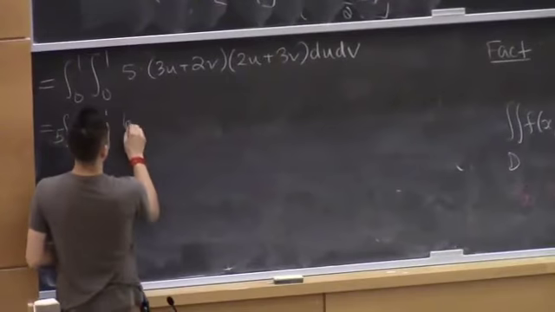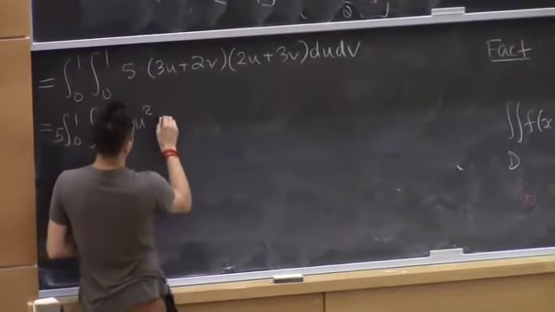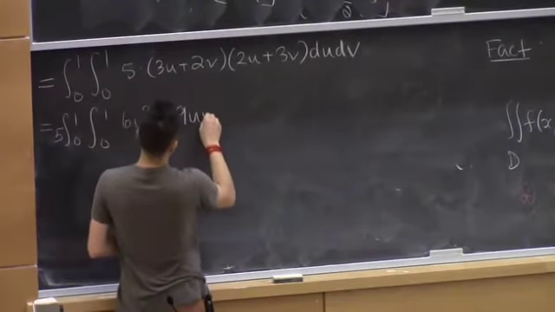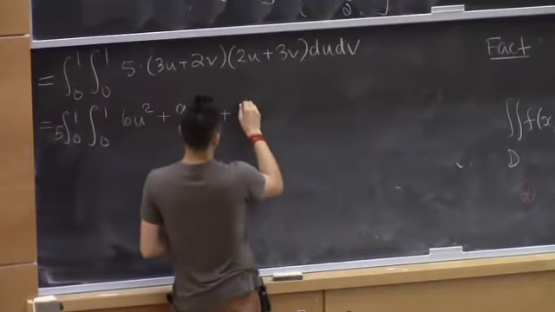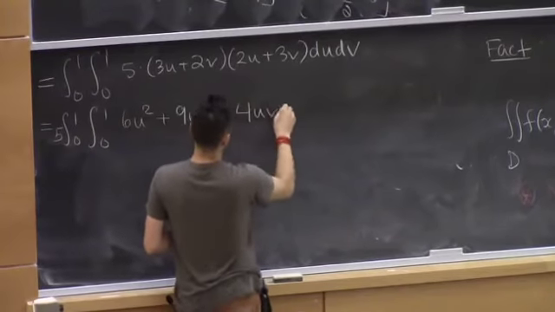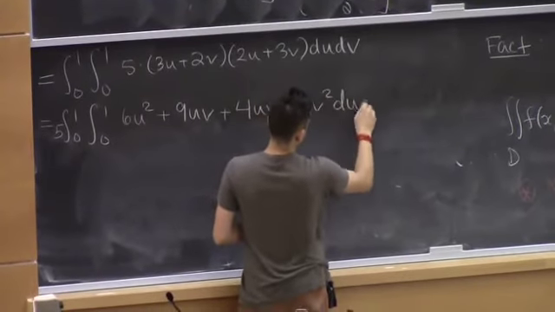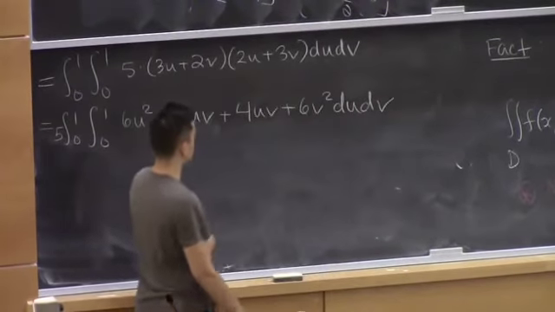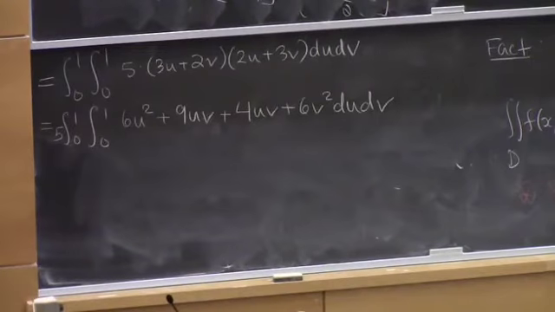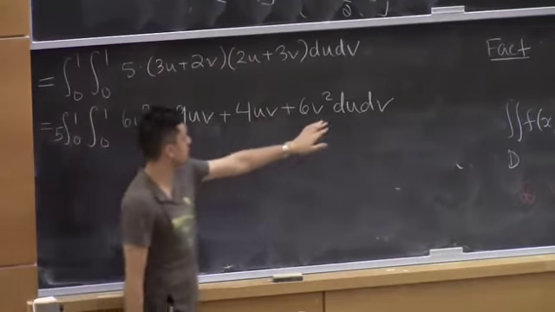So you'll get the following guy. Then we have to integrate in U first.